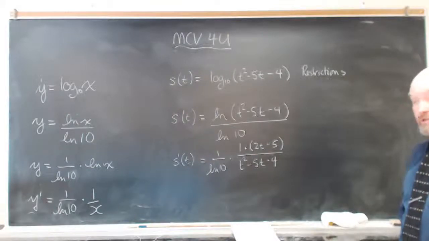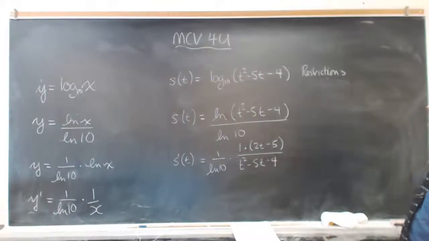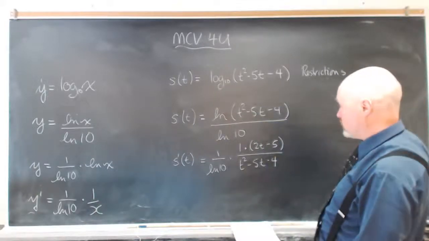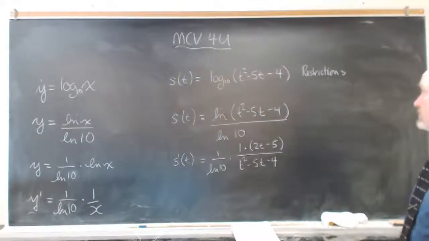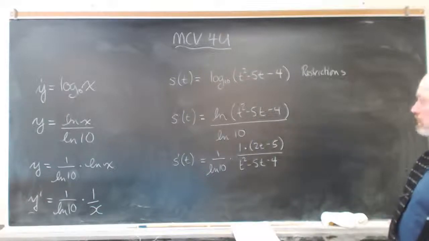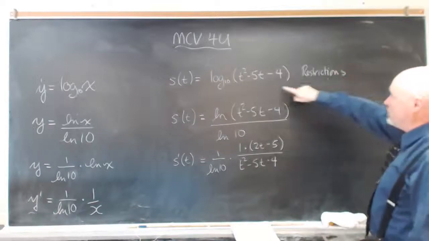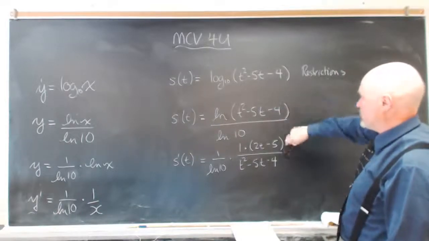Quite often when we're dealing with natural logs, we have to worry about restrictions because we can't take the log of a negative number; that's outside of the domain of the log function. So we might need to do an interval table to figure out what values of t are legitimate here.